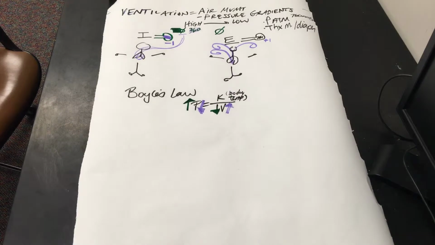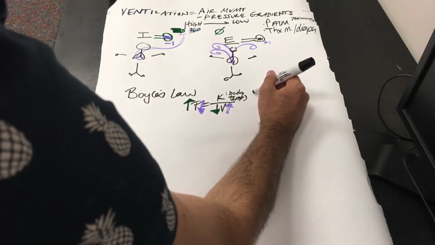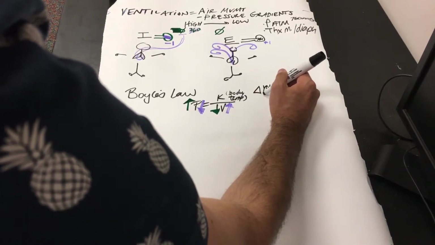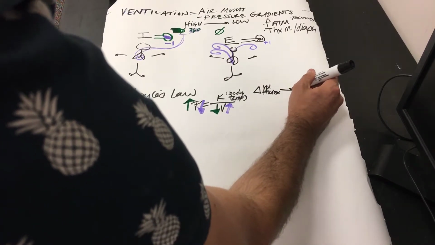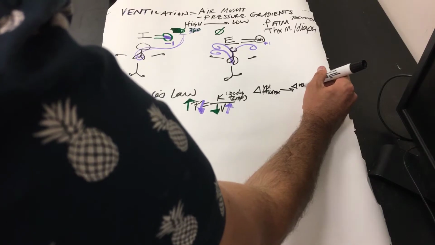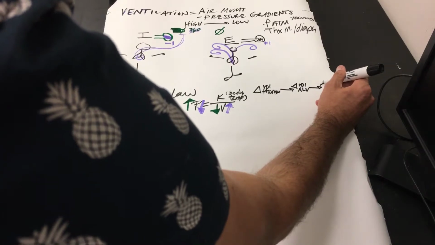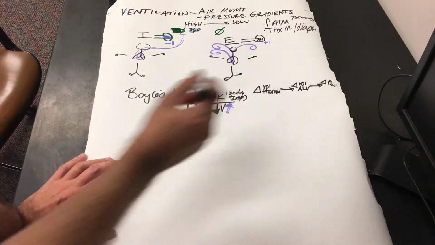Okay? And we used this law and applied it to the lungs by saying a change in the volume of the thoracic cavity produces a change in the volume of the alveoli, and that produces a change in the pressure of the alveoli.